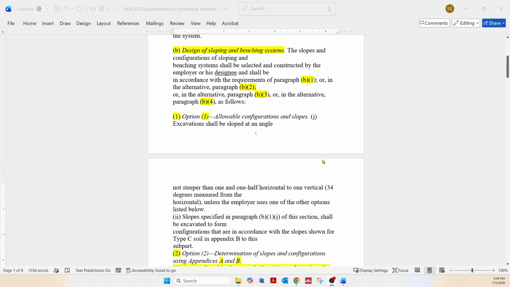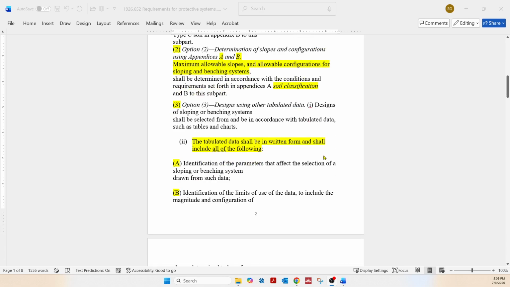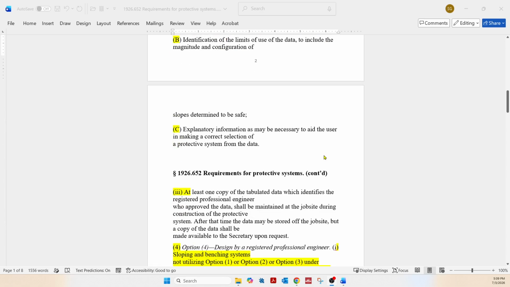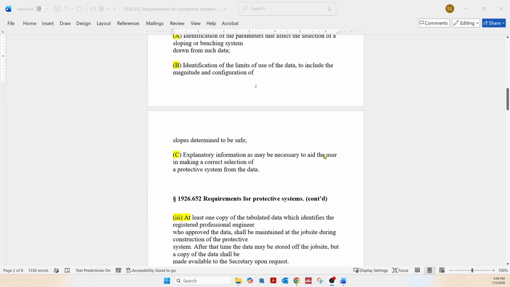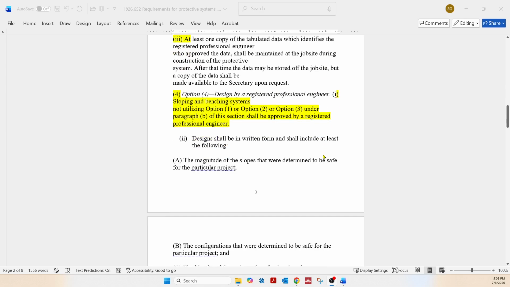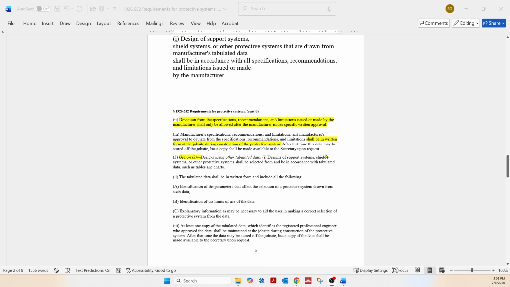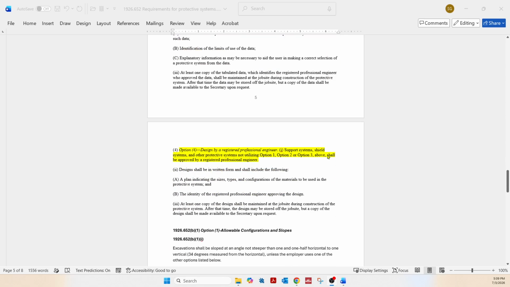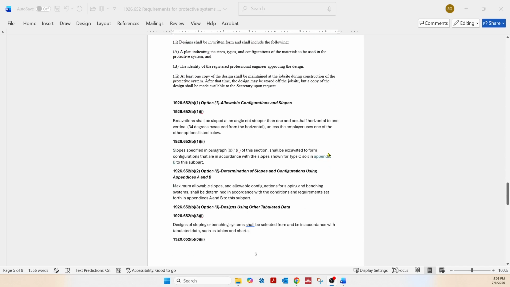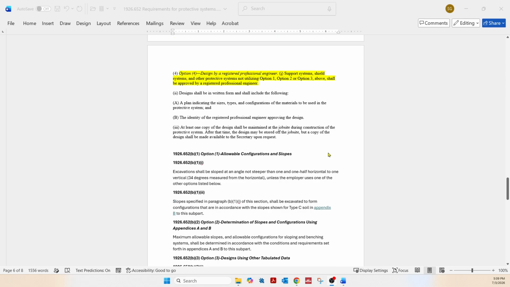Allow me, please. I know your time is valuable, and mine's not really that valuable. But I just want to show you these B1s and stuff, what they're about. Oh, here we are, right here. This is 1926.652 option 1, allowable configurations and slopes.